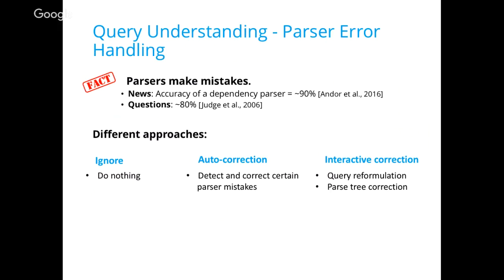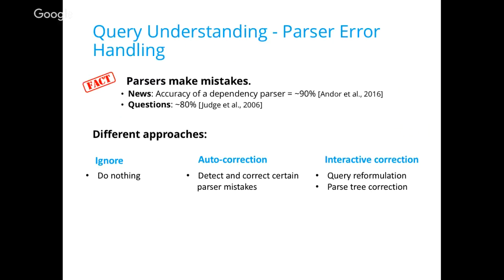Another thing you want to keep in mind is that a lot of the time, especially when we look at papers in the database community, one assumption people often have is that the parser provides perfect answers, which is not really the case. We have shown that over news corpora, which is what most NLP tools have been trained upon, the dependency parser accuracy is probably about 90%.